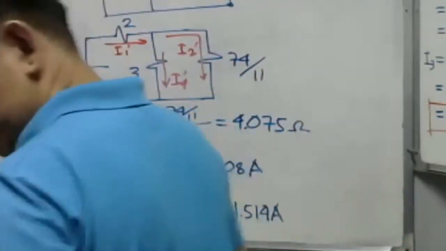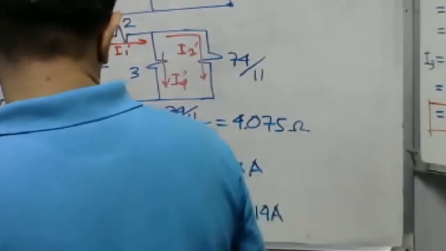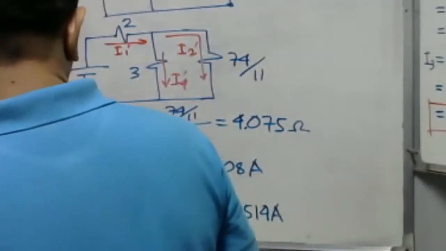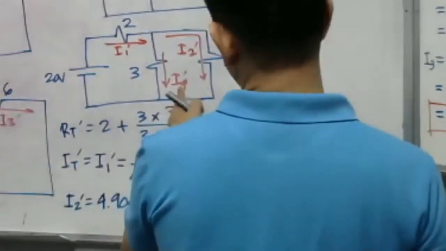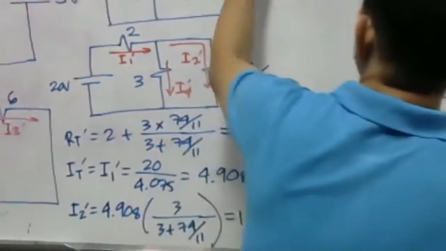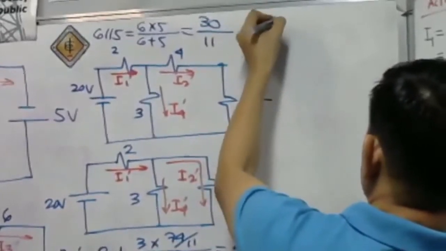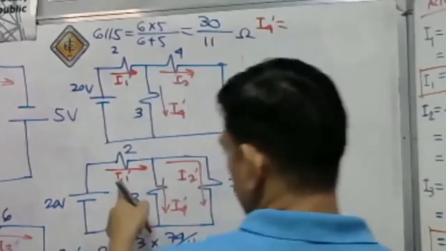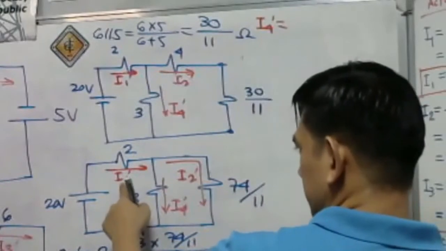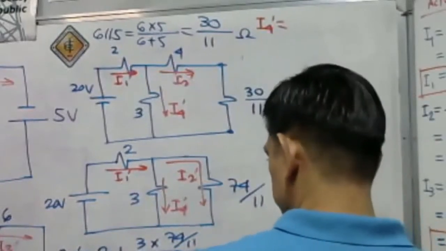Okay. What about our I4 prime here? I4 prime is equal to the resultant current, which is I1 prime.